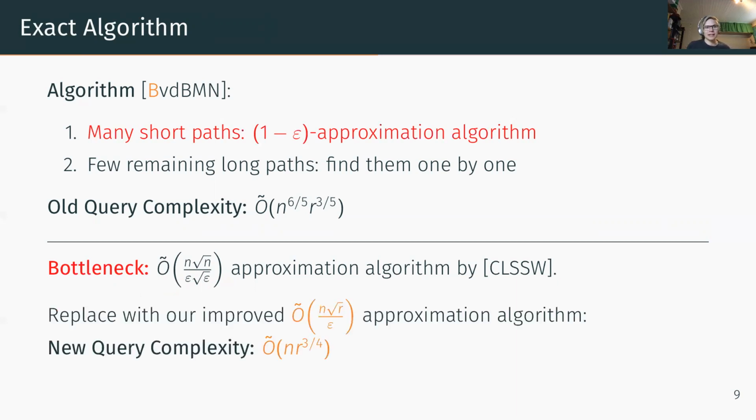Simply replacing this with our improved approximation algorithm in the framework of Blikstad, Van den Brand, Mukherjee, Nanongkai will give our improved exact matroid intersection algorithm. So this concludes our exact algorithm. Basically, by showing a faster approximation algorithm, we also get a faster exact algorithm due to this already existing framework.